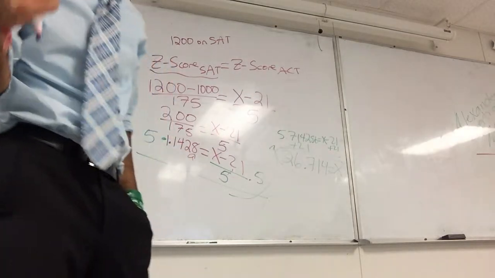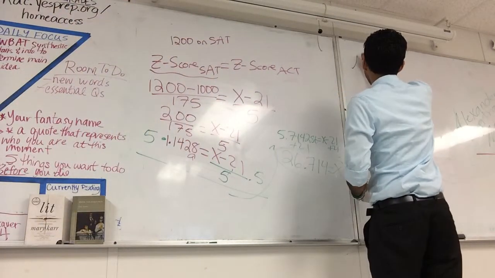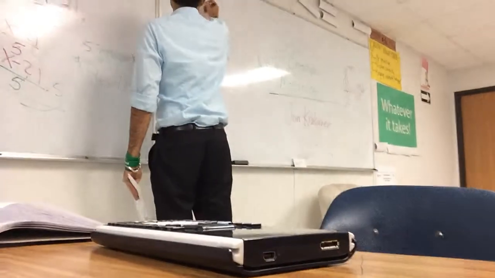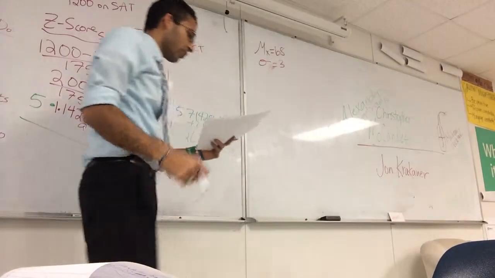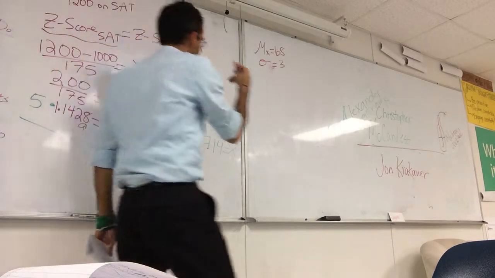So if we go back to the model problem 1A, it said the mean height is 68, standard deviation is 3. And they wanted to know the probability that somebody is shorter than 65.